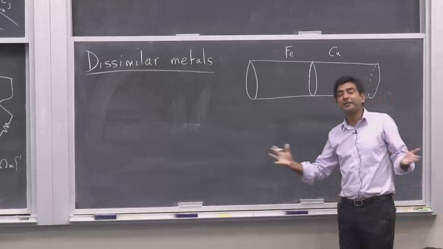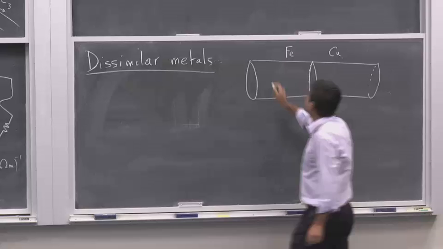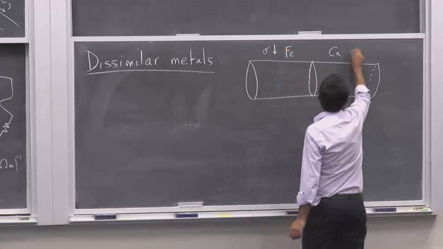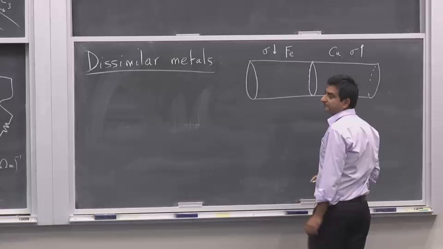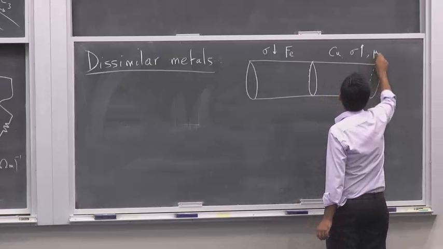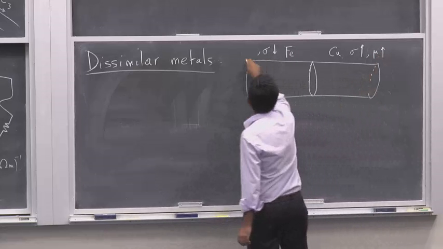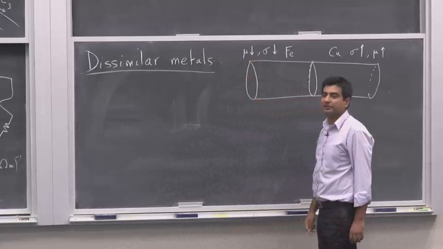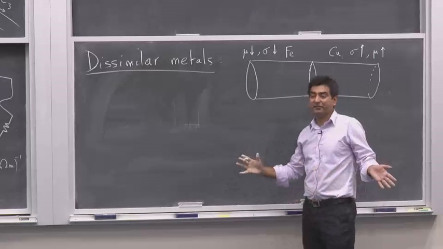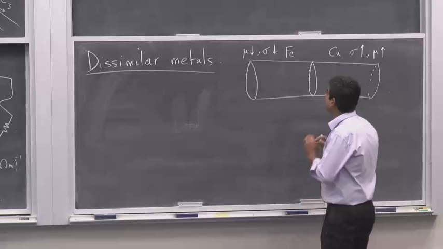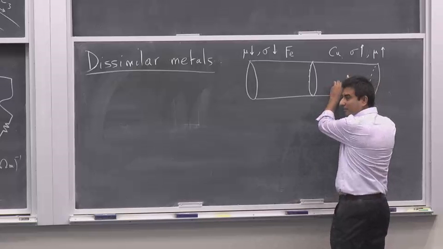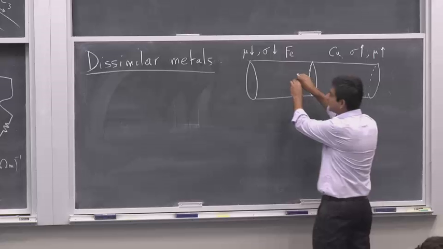Now they have different conductivity, they are dissimilar metals, so the conductivity of iron is smaller, the conductivity of copper is larger, the mobility inside copper is larger, and the mobility inside iron is smaller. So given the same electric field, the drift velocity of the electrons will be higher in copper because the mobility is higher, and it will be smaller in iron.